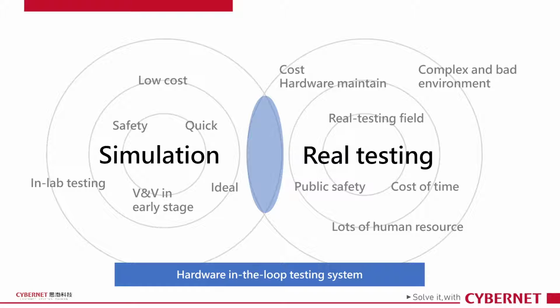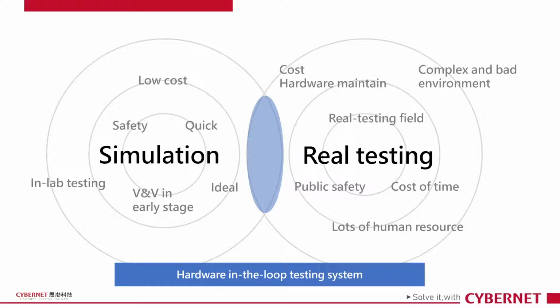On the other hand, real testing could test the full, complex, and maybe the worst environment. It needs a real testing field, costs lots of time, and needs lots of human resources. And yes, we do need to care about public safety. As a result, the cost of human resources and hardware maintenance will be incredibly high.